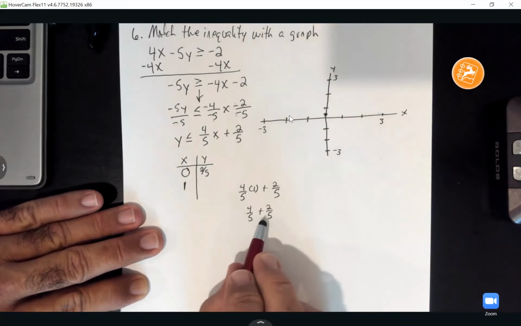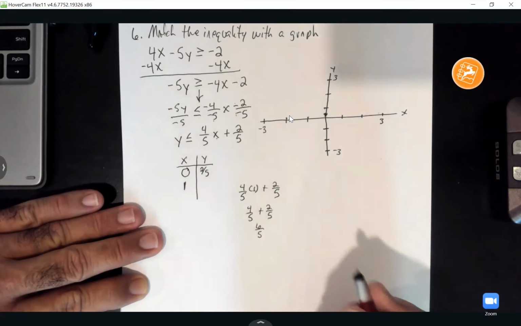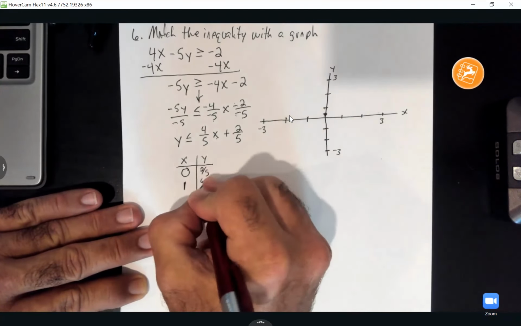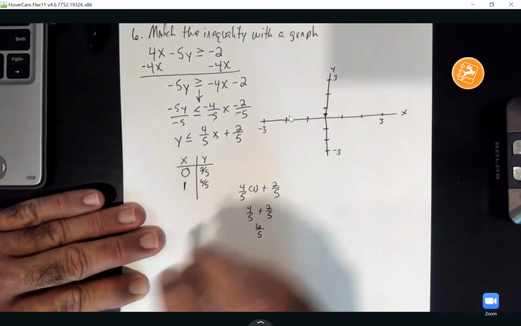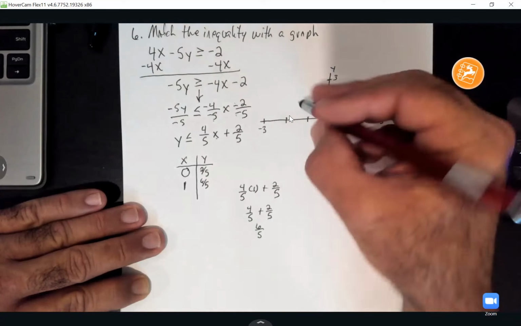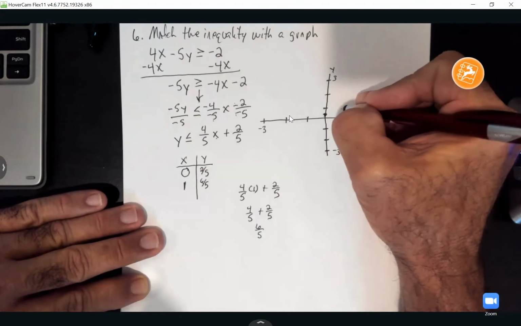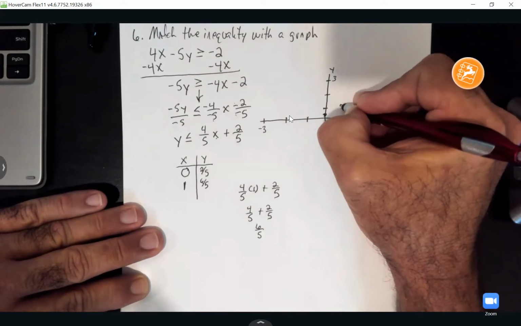And y'all, if we add that together, we're going to get a 6 on top over 5. So you're going to get a 6/5 on that. 6/5 is a little bit more than 1. So if you go to 1, there's 5/5, will go up 1 more, will be 6/5.